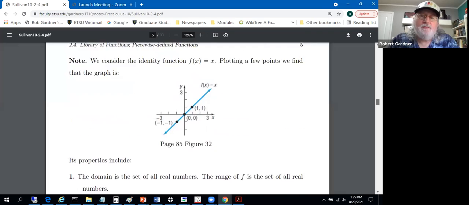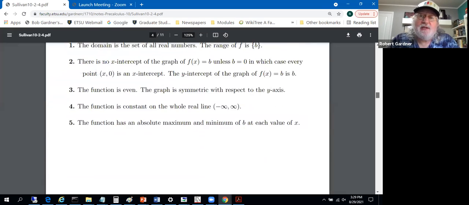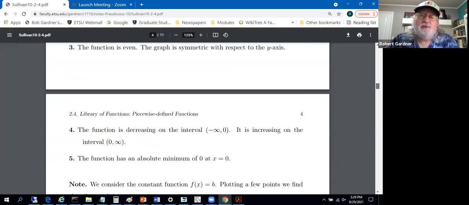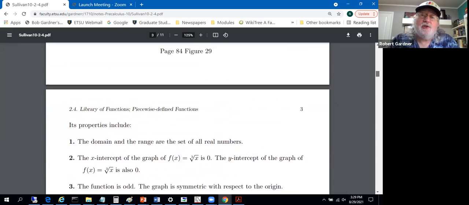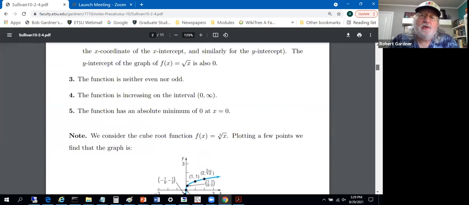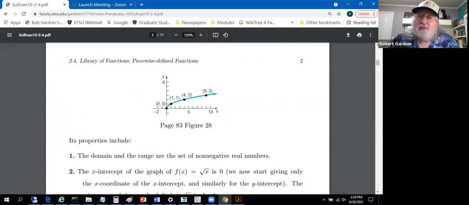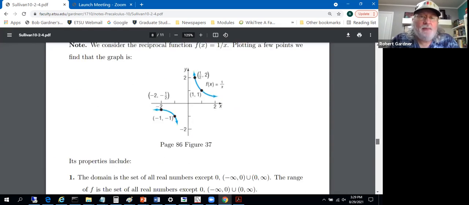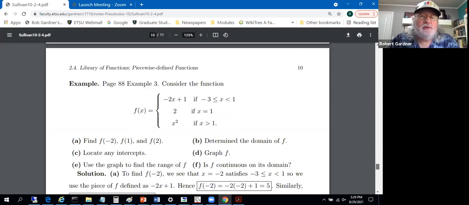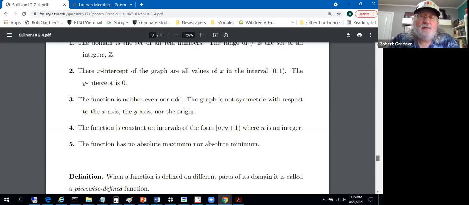I think the rest of them were. f of x equals x is continuous. The constant function's continuous. The absolute value function's continuous. We had the cube root, continuous. Square root, continuous. It's not defined everywhere, but where it is defined, I can draw it without picking up my pencil. So in terms of continuity, just to bring it up in passing, we will talk about it as best we can later. Where were we?